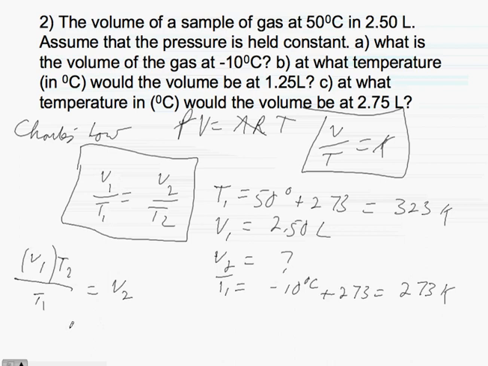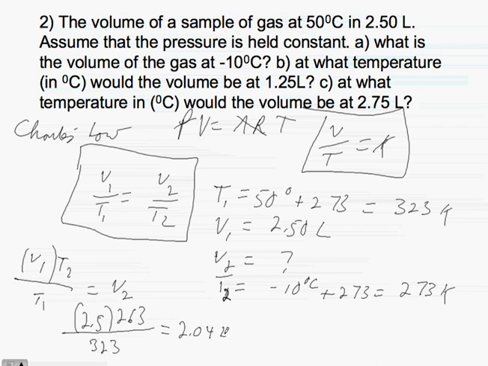V1 is equal to 2.5, so that's 2.5 times T2, which is 263, divided by T1, which is 323. When we do the calculations, we get 2.04 liters.